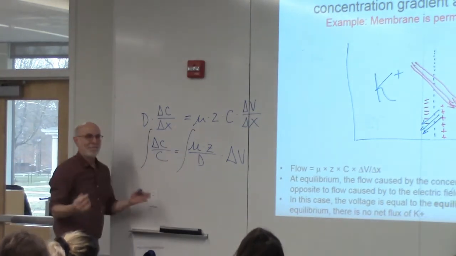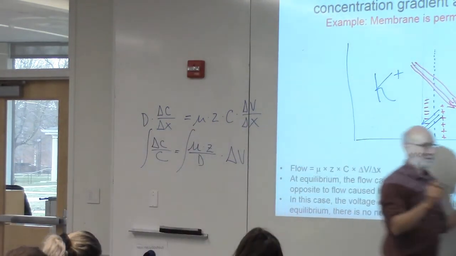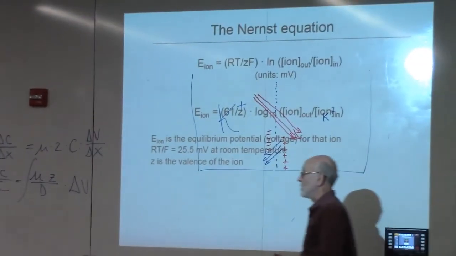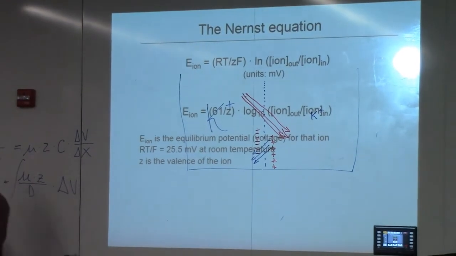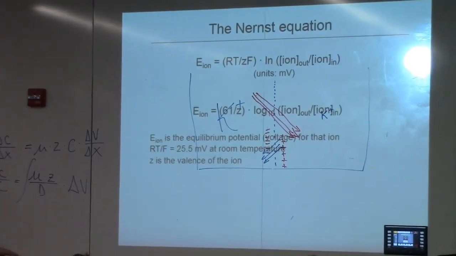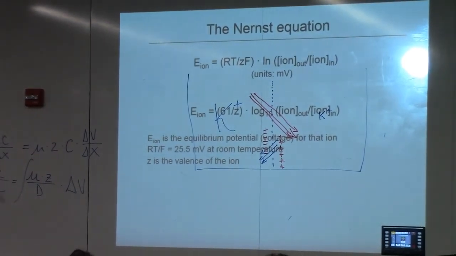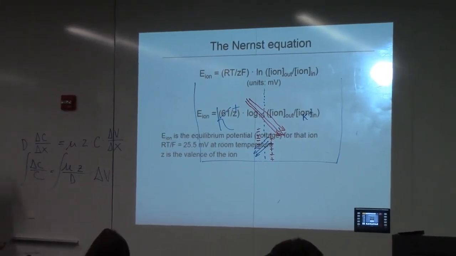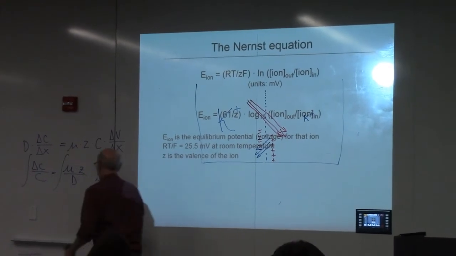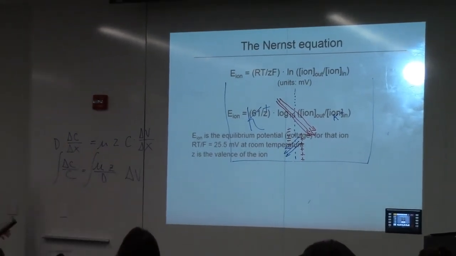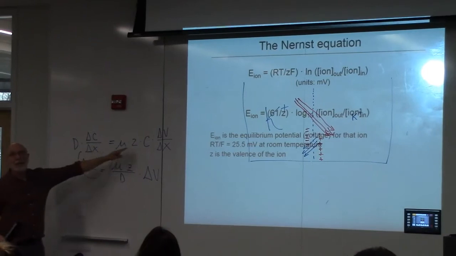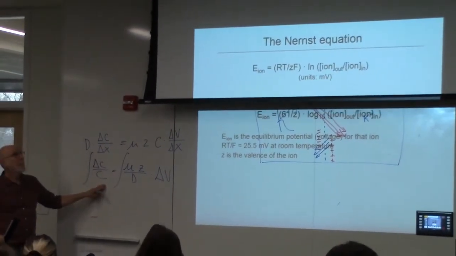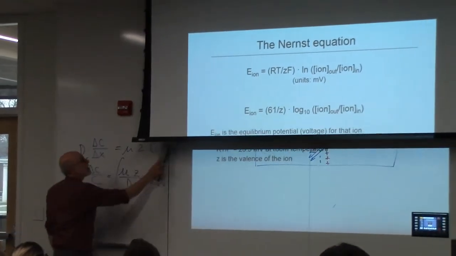Calculus, and we're going to get the Nernst equation. So that's what Nernst did, he solved this problem. Obviously, I'm not going to ask you to do this. This is so you know where this came from. Solving this differential equation produces the Nernst equation.